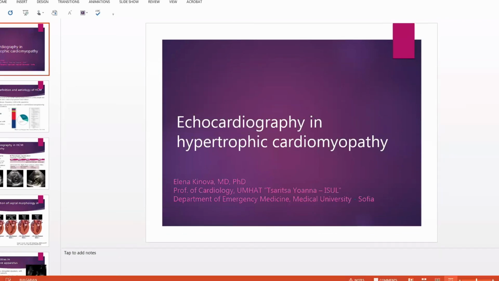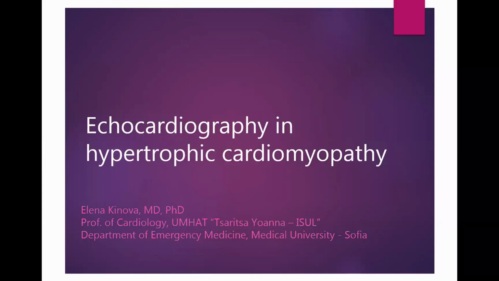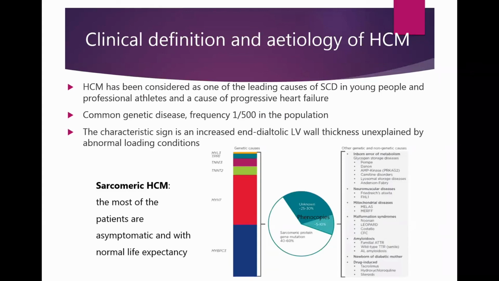My topic is hypertrophic cardiomyopathy, and this is important because hypertrophic cardiomyopathy has been considered as one of the leading causes of sudden cardiac death and also as a cause of progressive heart failure. It's a common genetic disease with a frequency of 1 in 500 people in the population. The characteristic sign is an increased end-diastolic wall thickness unexplained by abnormal loading conditions.